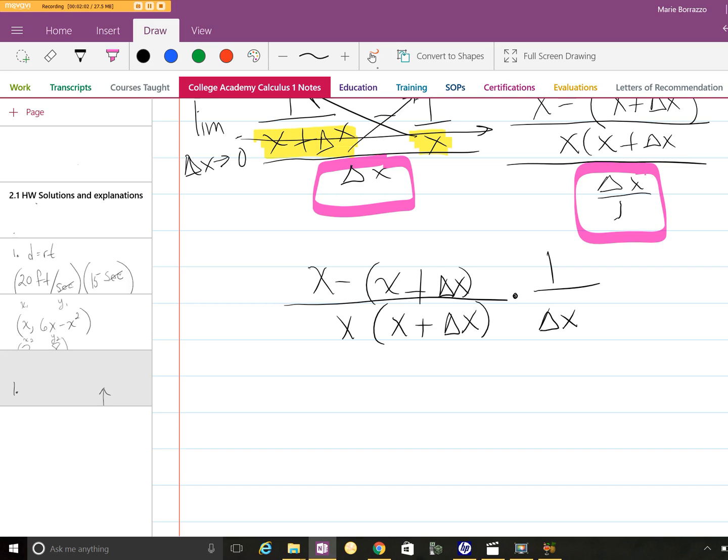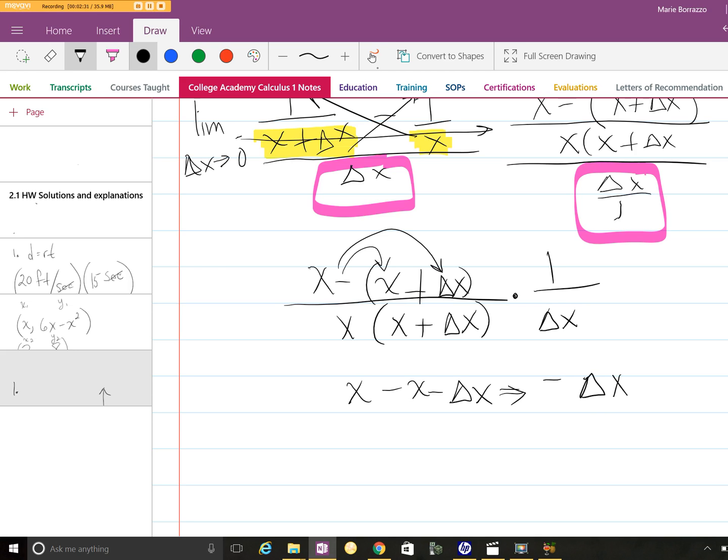So at this step, what we're going to do is multiply it. So actually, I'm going to distribute this out first. All right, so I get for the numerator x minus the change in x times 1, leaving me this value, which reduces to just the negative change in x.